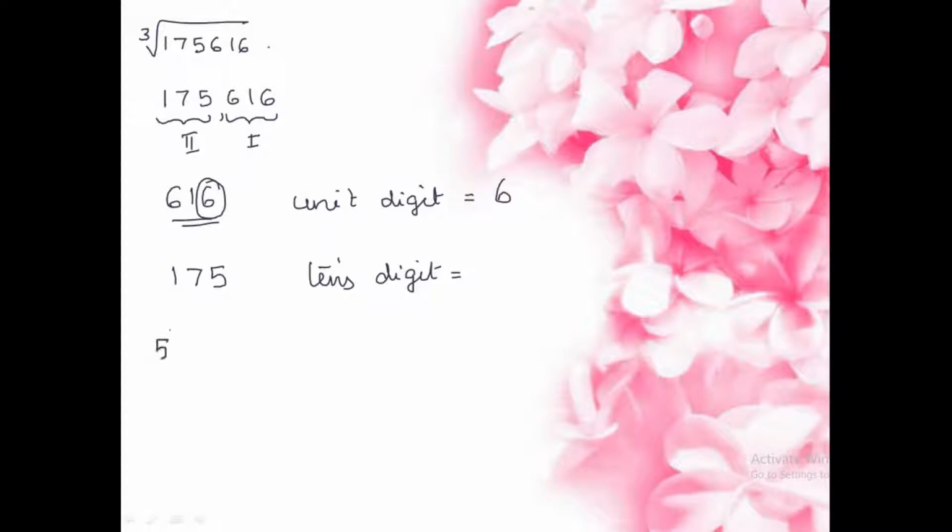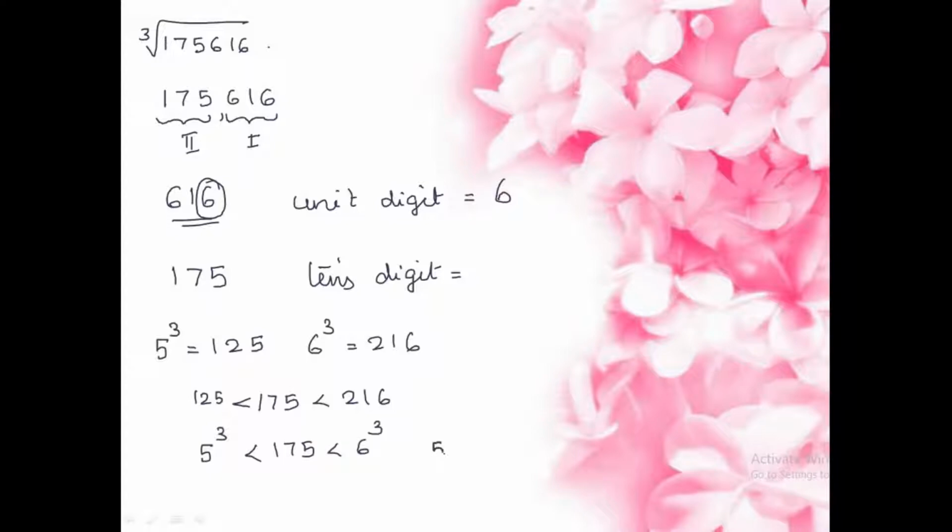We have 5 cube equal to 125 and 6 cube equal to 216. 175 lies between 125 and 216. In another way, it lies between 5 cube and 6 cube.